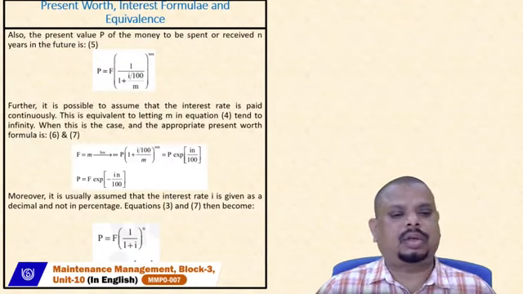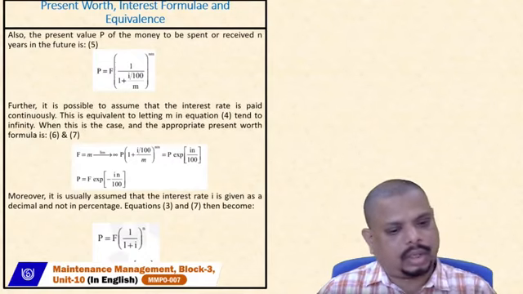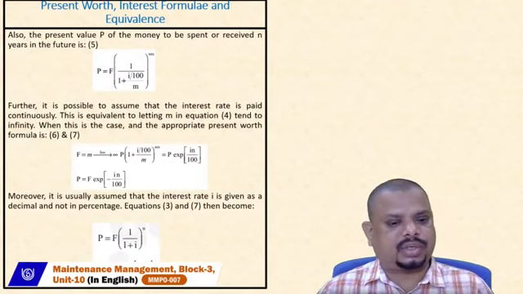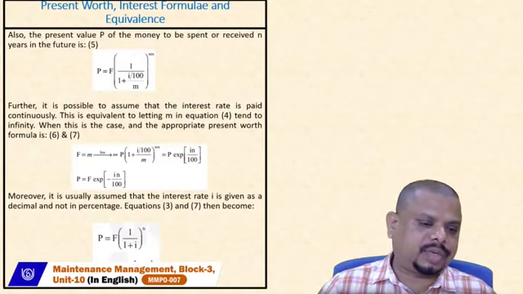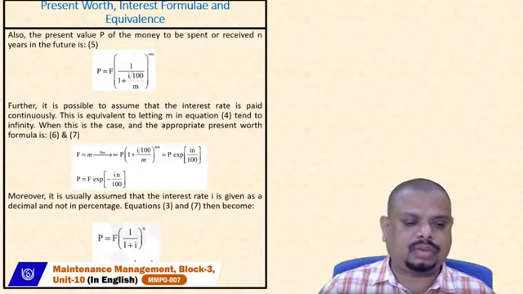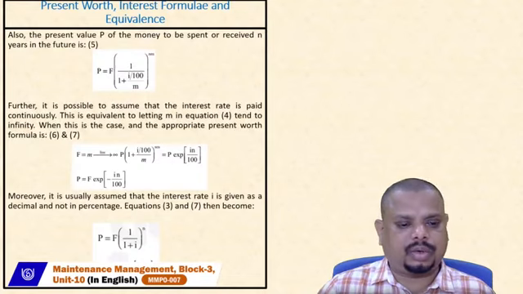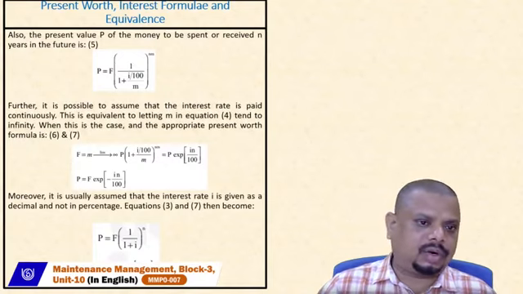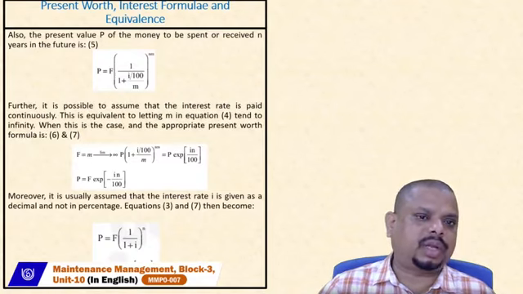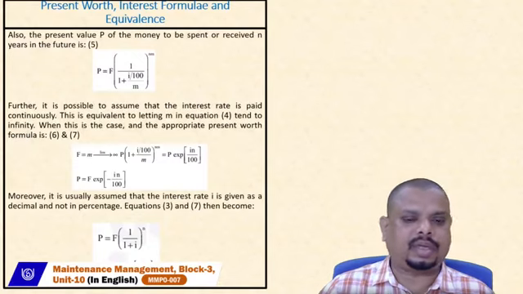Moreover, if you go further by equating equation 3 and equation 7, the principal amount equals the present worth, exponential of minus I, the interest rate, and n stands for the number of years. So these are the formulas basically used to calculate the present worth, rate of interest and number of years.